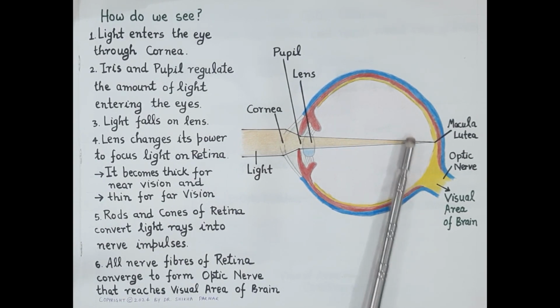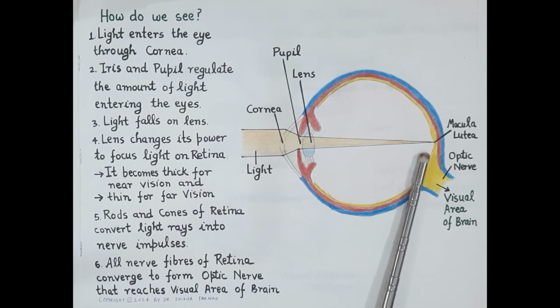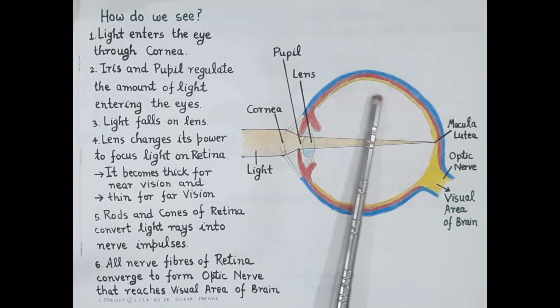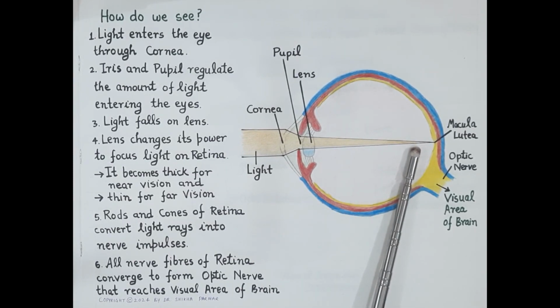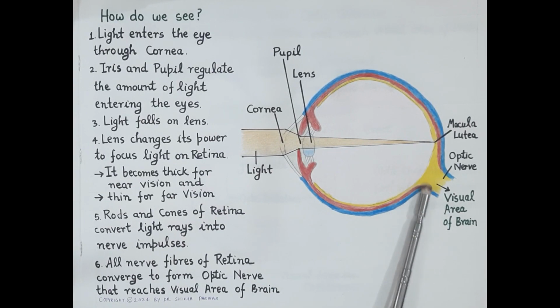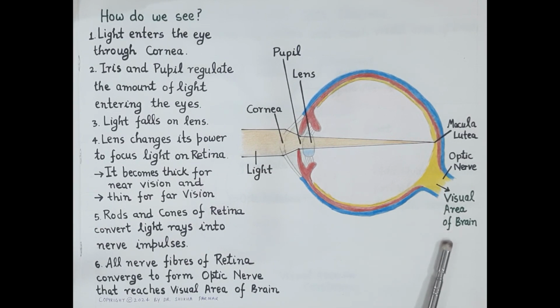The nerve impulses are then collected by the nerve fibers of the retina, and all the nerve fibers converge to form the optic nerve. Now this optic nerve carries these impulses to the visual area of the brain, and when these impulses reach the visual area of the brain, we are able to see.